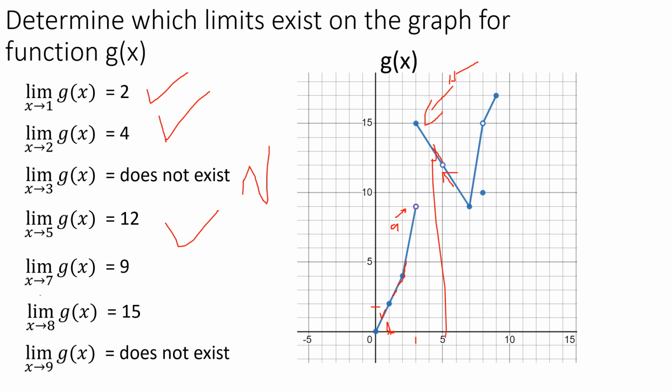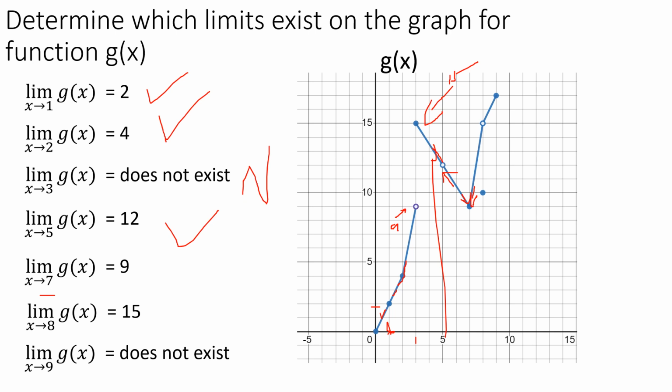As x approaches 7, yes, there's a bend right here. But what we're going to learn later is that this is not a limit because we can't do sharp turns. Both sides are approaching 7, but we can't do a sharp turn. I'm going to teach that two sessions from now.